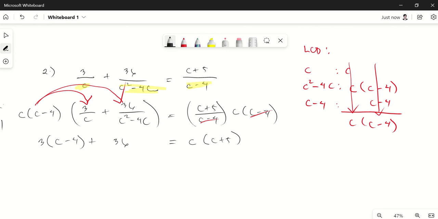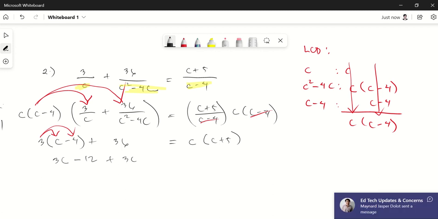Before you isolate the c, you make sure that each side of the equation is written in simplest form. So you distribute the 3 to c and 4. You'll get 3c minus 12 plus 36.